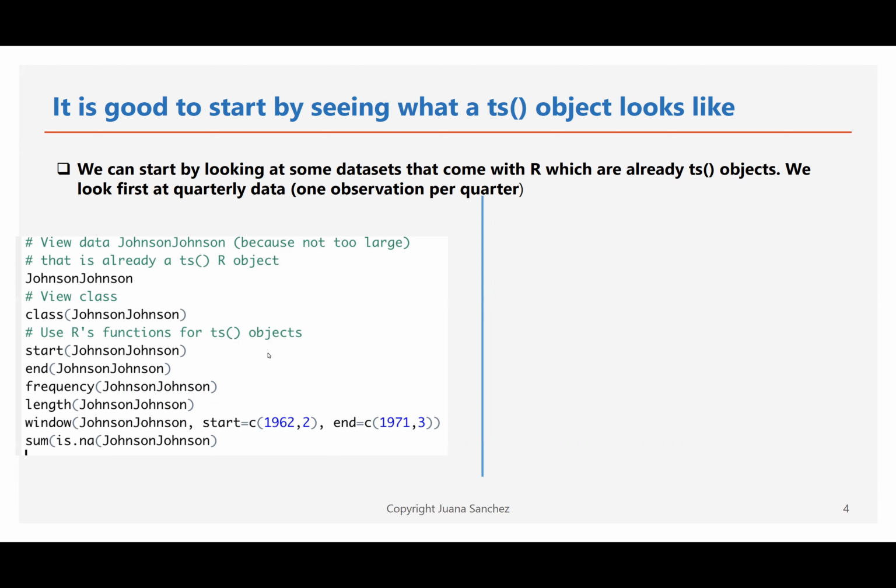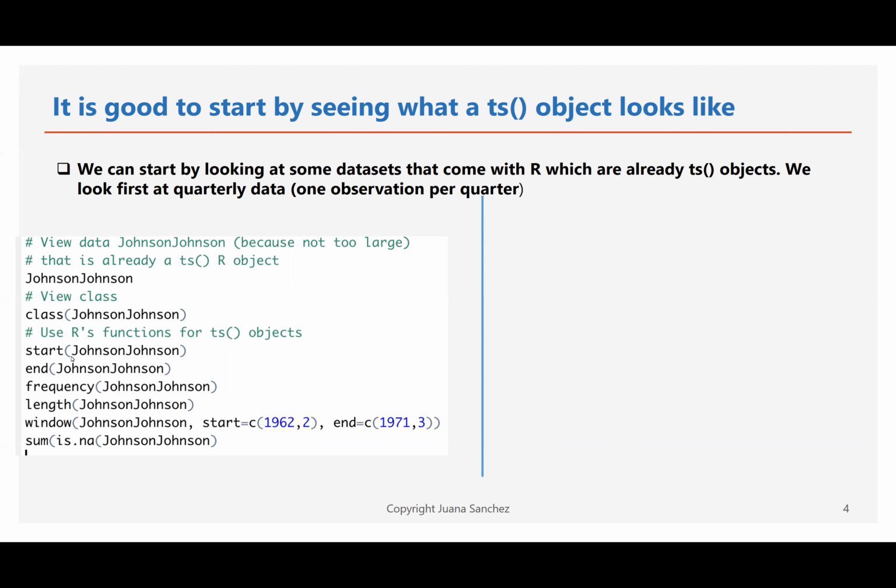The length of the Johnson & Johnson time series is 84. There are 84 observations. When you type class Johnson & Johnson, you will see that it is a TS object. That's good. That means that you can use all the code that base R has embedded in it to handle TS objects.